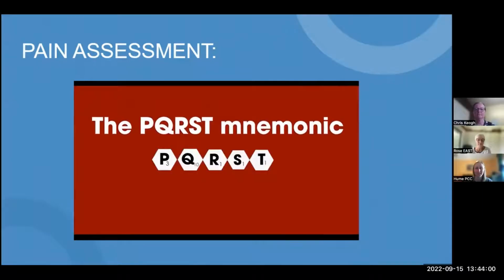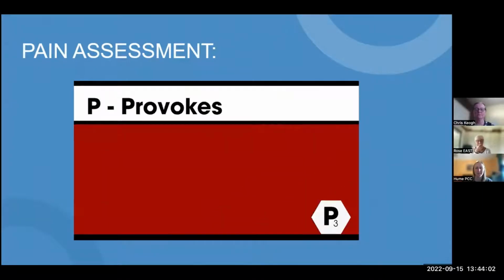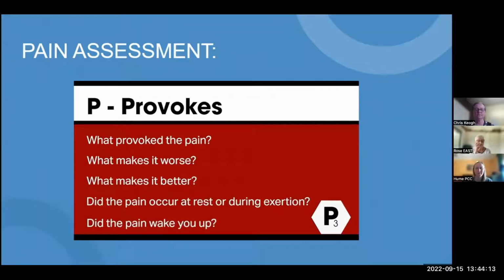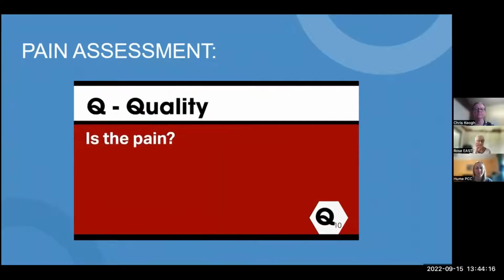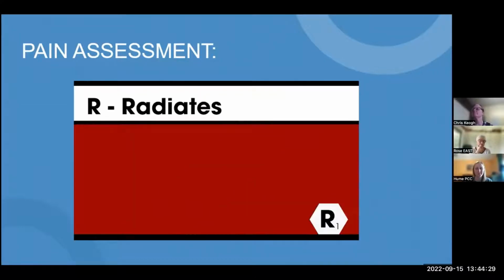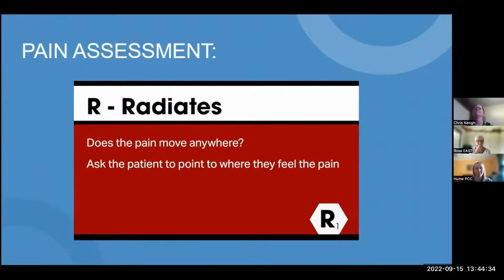The PQRST mnemonic, where P stands for provokes. What provoked the pain? What makes it worse or better? Did the pain occur at rest or during exertion? Did the pain wake the patient up? Q for quality. This could be sharp, dull, squeezing, a slight pressure, a burning or aching pain, a pounding pain, colic-like or cramping, or a stabbing pain. R for radiates. Does the pain move anywhere? Ask the patient to point to anywhere where he feels pain.